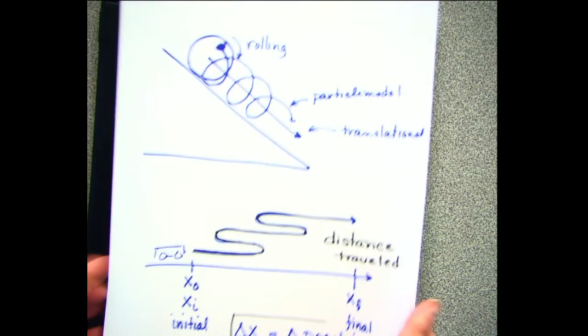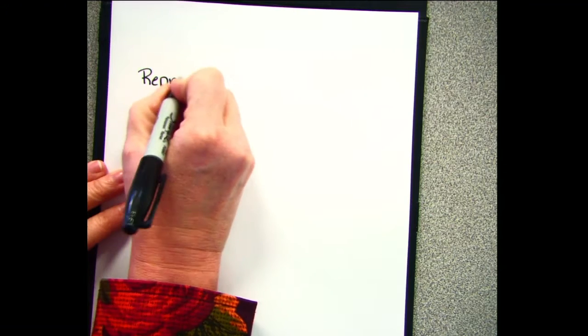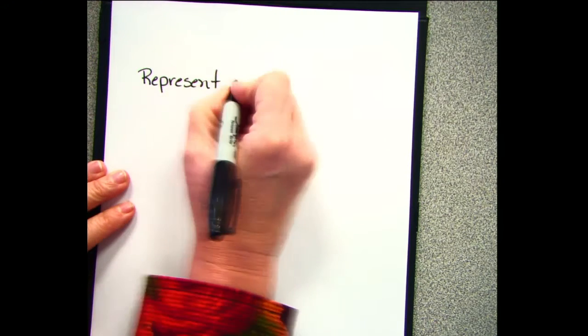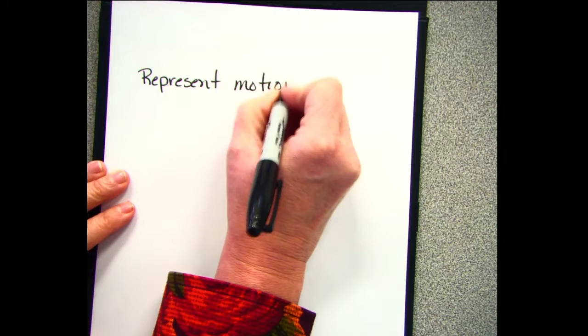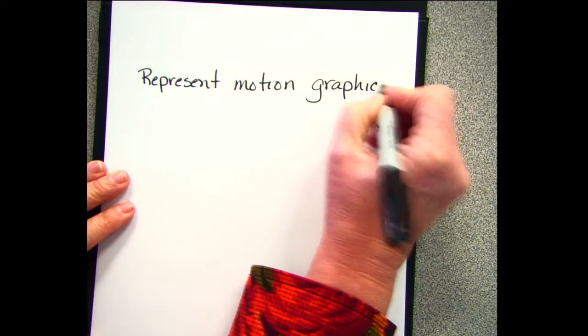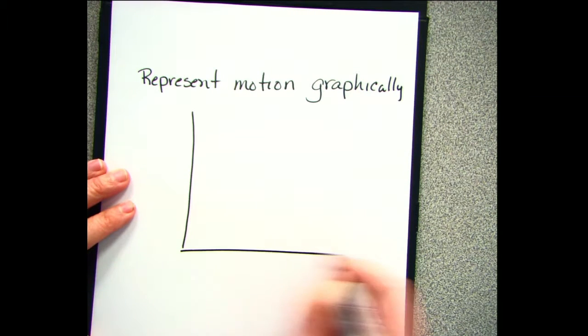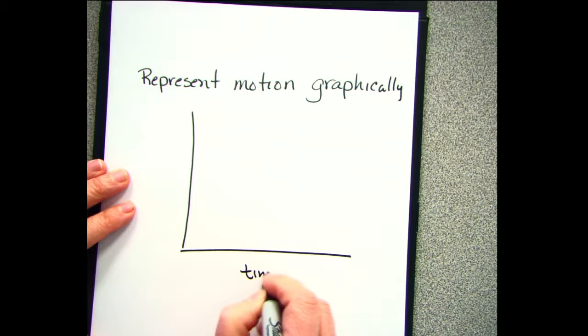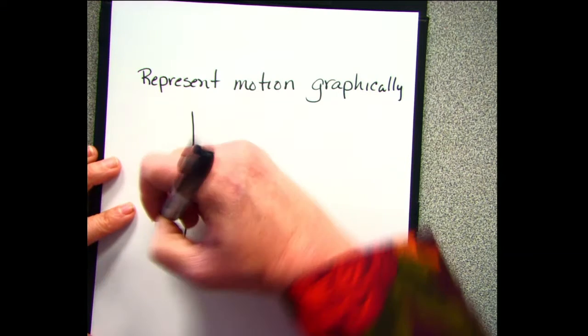Well, one of the things that we do, and this gets us back to sewing back the thing that we purposely broke apart a long time ago, is we can actually represent motion graphically. I can do a time and position plot.